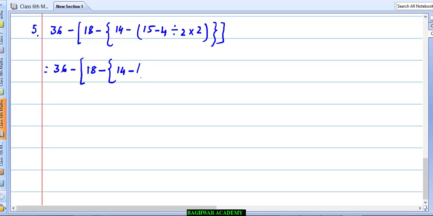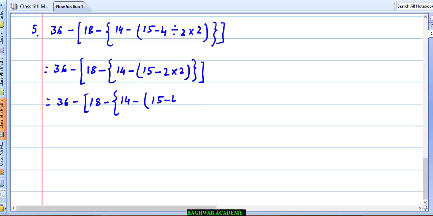So 15 minus, here you see 4 divided by 2 will be 2. 4 divided by 2 we will write minus 2 into 2. In next step we will write 36 minus 18 minus 14 minus, here you see again 2 into 2 will be 4. So we will write that, it will be better, 15 minus 4.